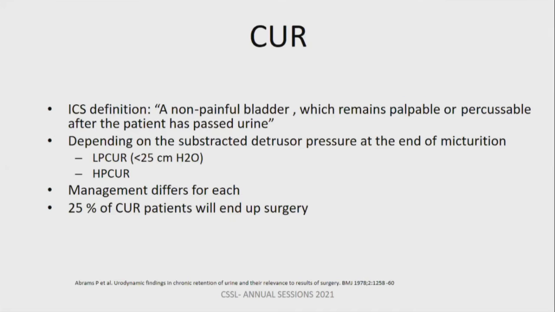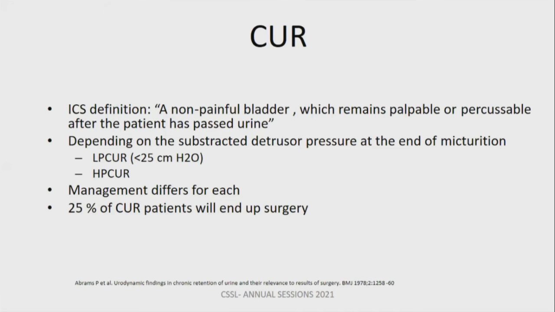What about chronic urinary retention? It is defined as a non-painful bladder which remains palpable or percussible after the patient has passed urine. Depending on the detrusor pressure at the end of voiding, it can be either low pressure chronic urinary retention or high pressure chronic urinary retention.